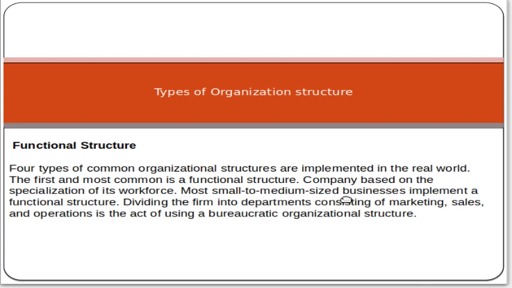Most small to medium-sized businesses implement a functional structure, dividing the firm into departments such as marketing, sales, operations, project management, IT, quality assurance, and finance. Based on functions, the company is called a functional organization. So they define different divisions like marketing, sales, professional delivery, IT, network, finance, quality assurance, and project management.